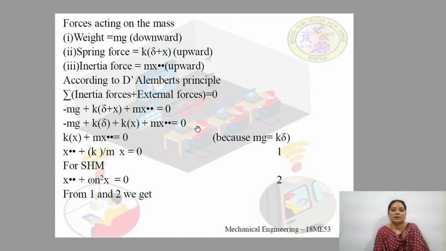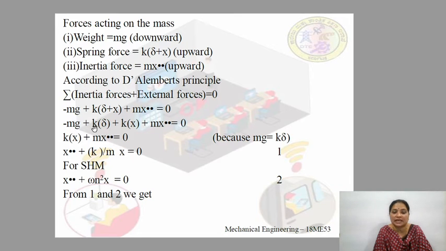Here mg is equal to k delta. Why? Because the value of mass into gravity, which is acting in the downward direction, and the displacement of the spring by delta are both equal acting on the body. So therefore mg is equal to k delta.